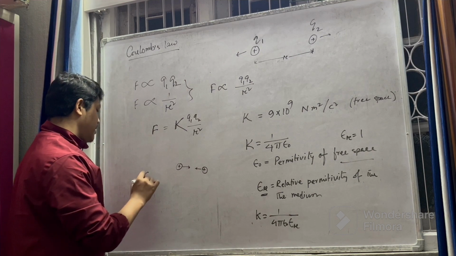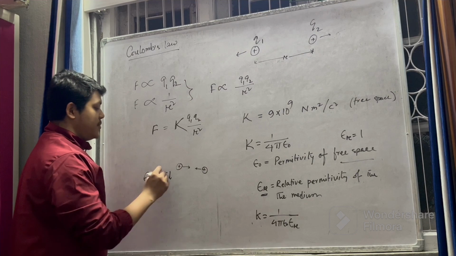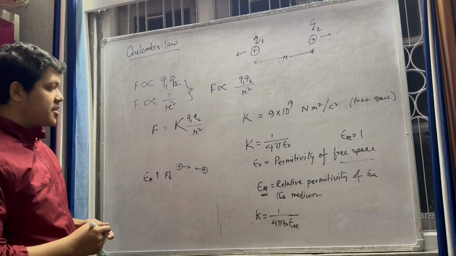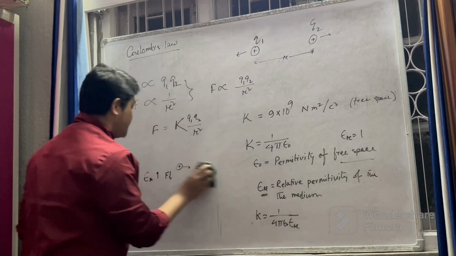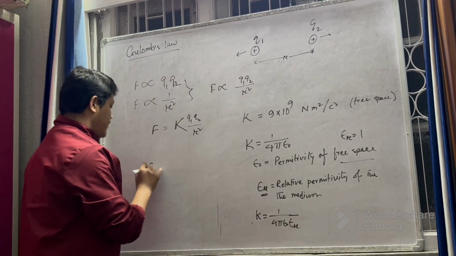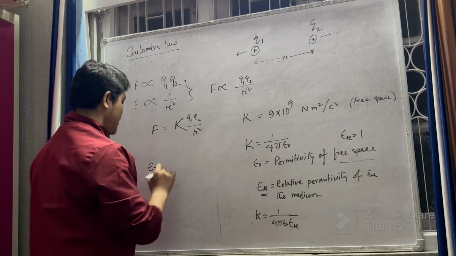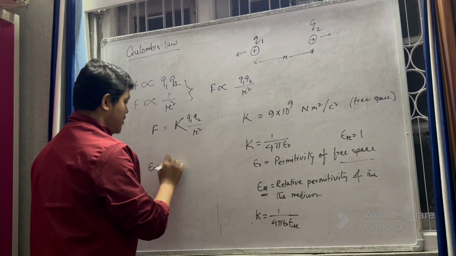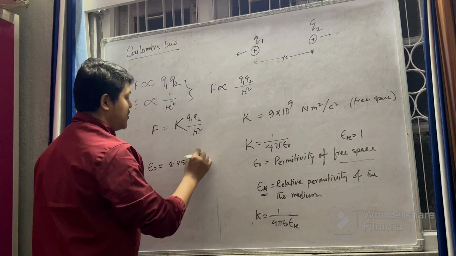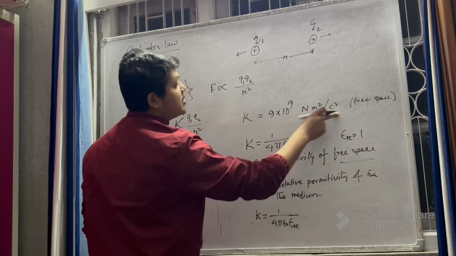If the value of epsilon r increases, the force between them decreases. I hope you have understood this concept. Now the value of epsilon naught, the permittivity of free space, is 8.854 into 10 to the power minus 12, and its SI unit is the multiplicative inverse of this unit.